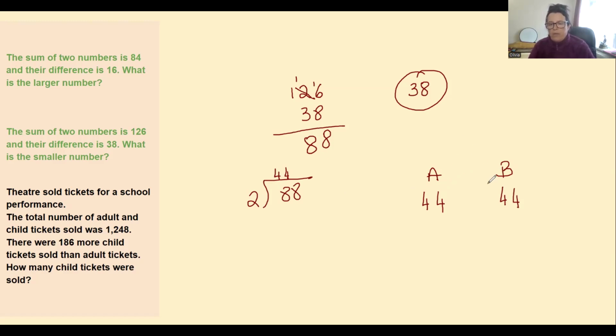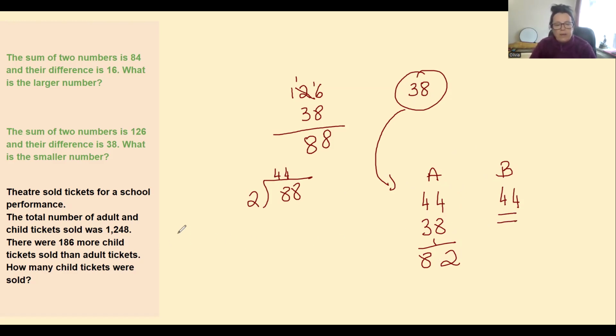If they were equal, but they're not equal. The difference is 38. So I'm going to pop back on that 38. Let's add 38 to here. 82. So my bigger number is 82. My smaller number is 44.